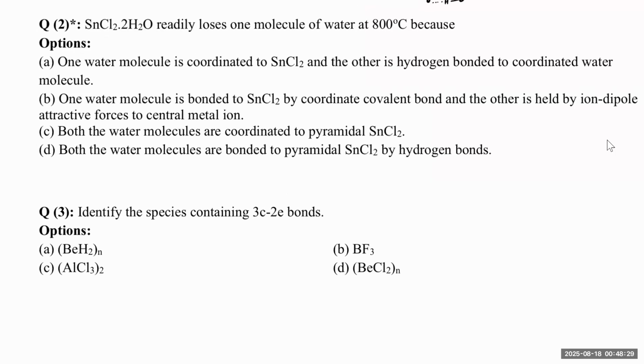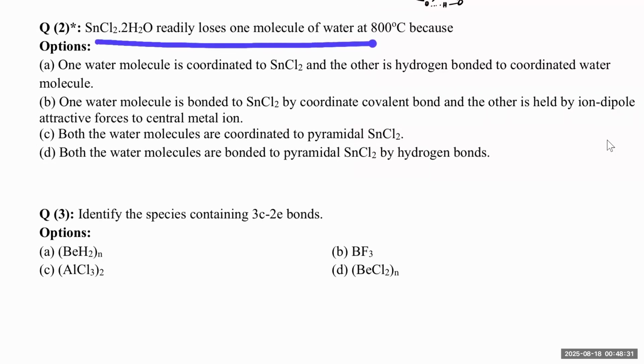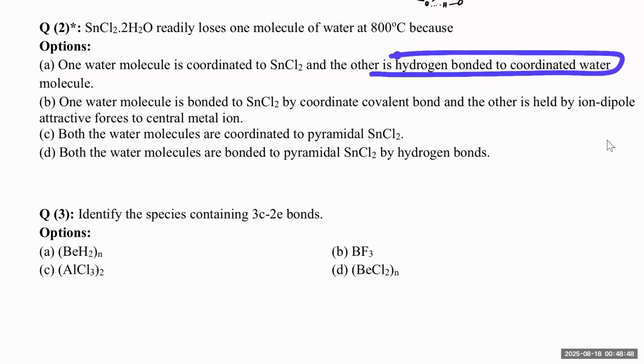The second one. SnCl2.2H2O readily loses one molecule of water at 800 degrees Celsius because, what are the options here? You can see A, B, C, D are given here. One water molecule is coordinated to SnCl2 and the other is hydrogen bonded to the coordinated water molecule.